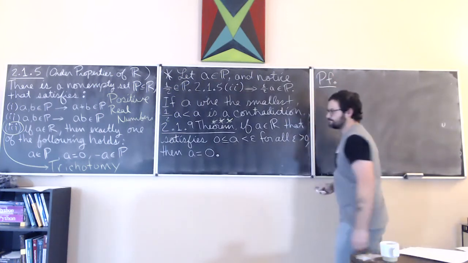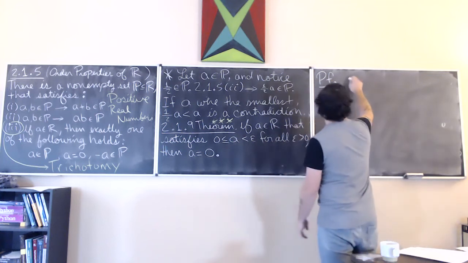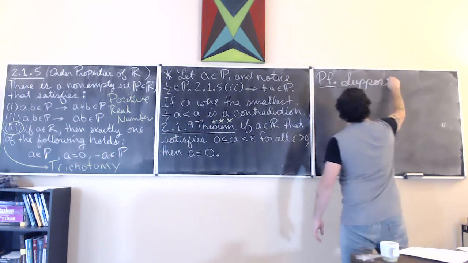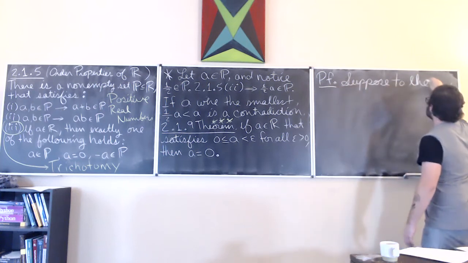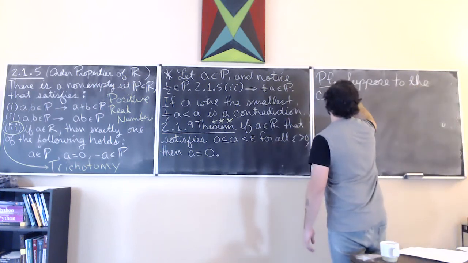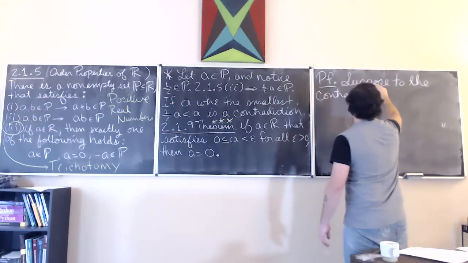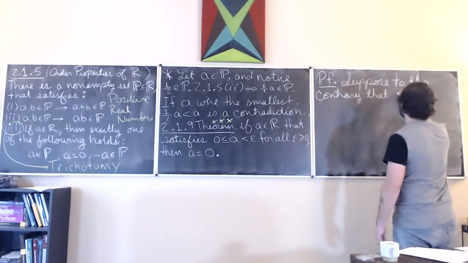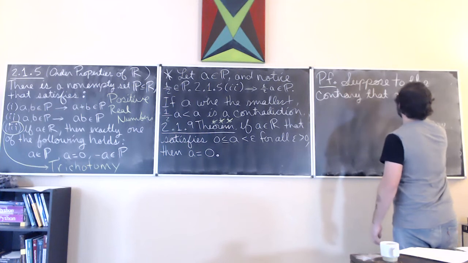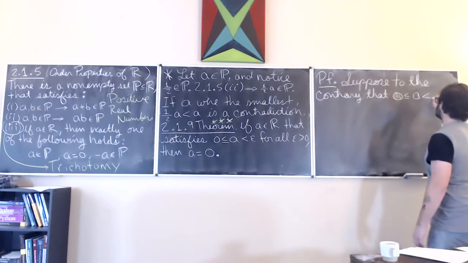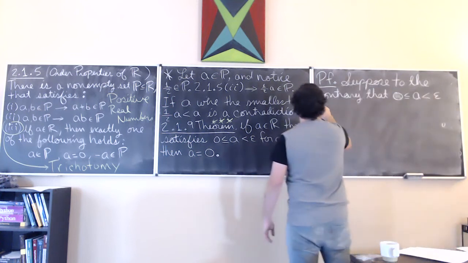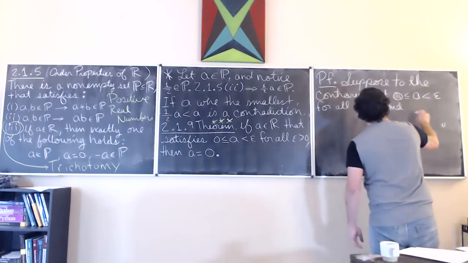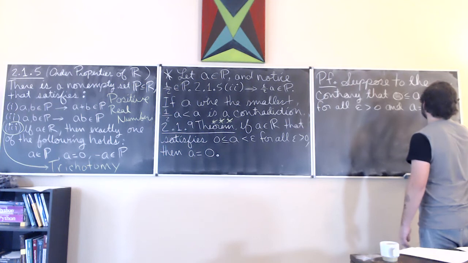So let's look at the proof. It's kind of silly, honestly. So maybe suppose to the contrary that A is such that 0 is less than or equal to A, which is less than epsilon, for all epsilon greater than 0, and A is not equal to 0.